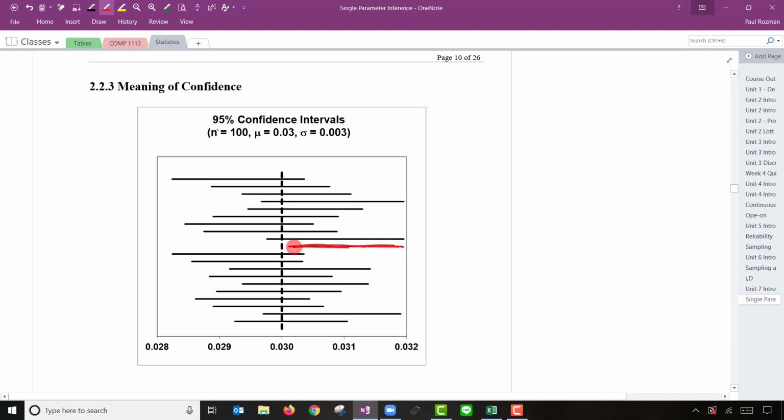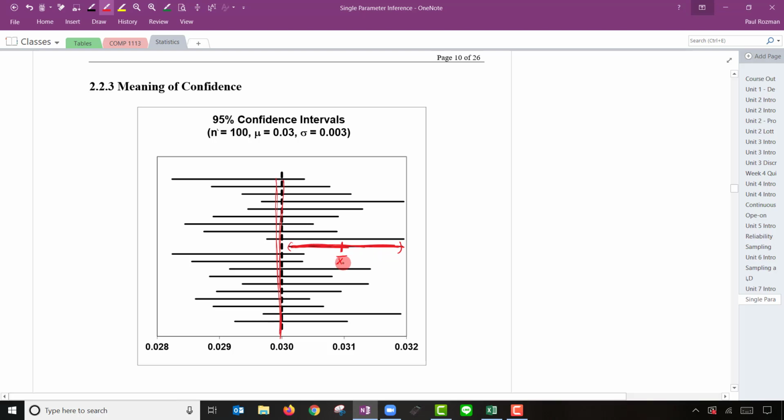Here's a data set. I collected 100 random values. I got an X bar here, and then I put the plus or minus on it. And you'll see that it misses the mean of the whole population that the values came from. When I generated my 100 random values, they just happened to be high. Like I got 100 that were higher than usual.